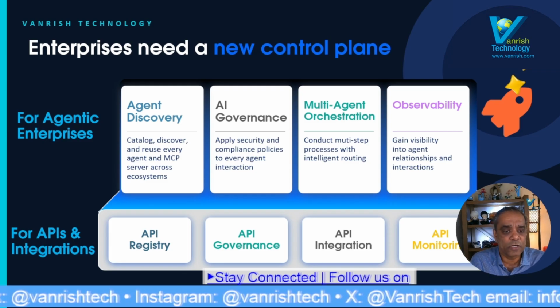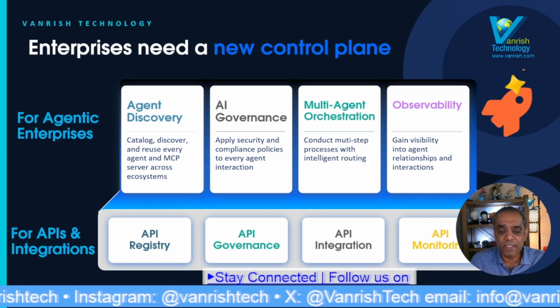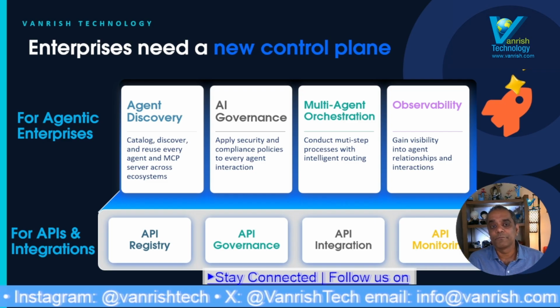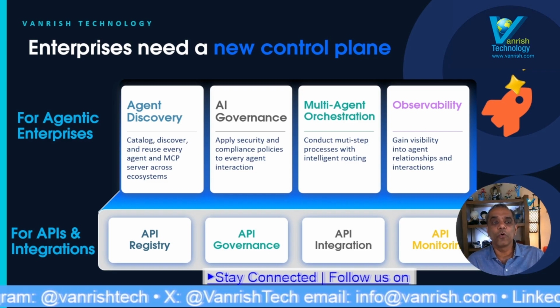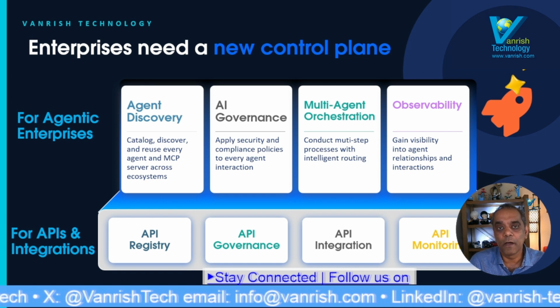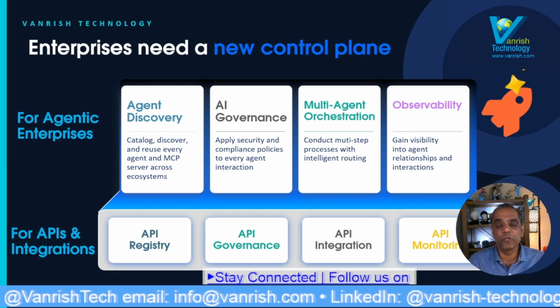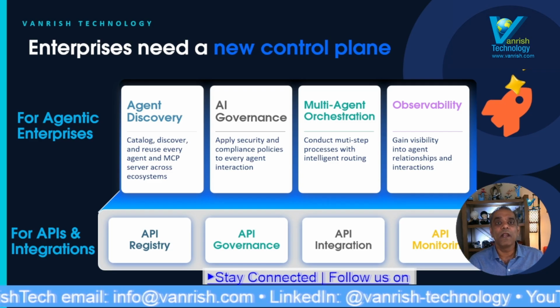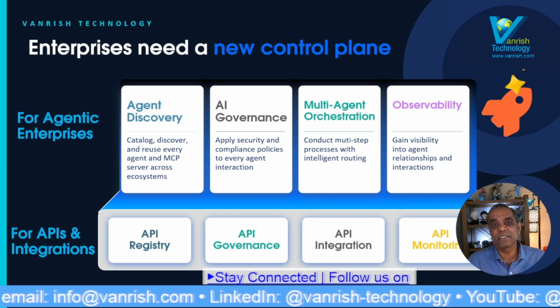And last but not least, observability. That is very important. Most enterprises generally ignore this one, but it is a part of your whole ecosystem's security and compliance, where you can see where unnecessary access or data is leaking.